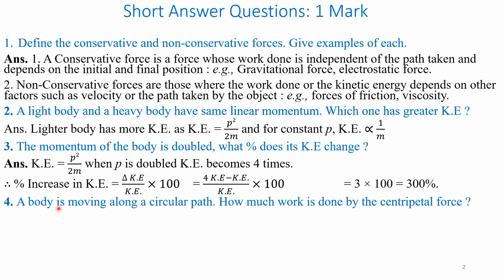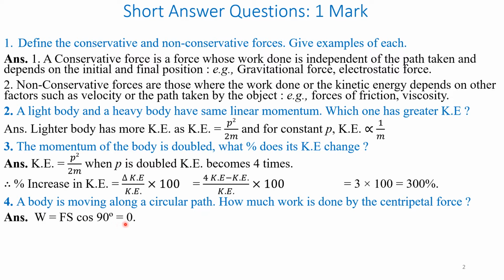Question number 4. A body is moving along a circular path. How much work is done by the centripetal force? Answer. Work is equal to F into S into cos theta, that is 90 degrees in this case, where W is the work, F is the force and S is the displacement.